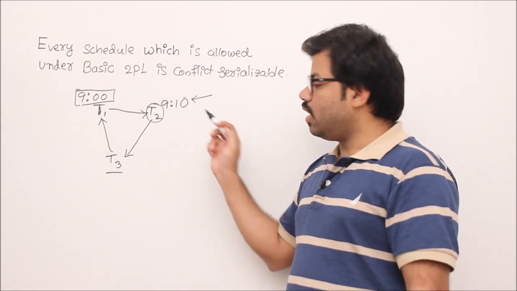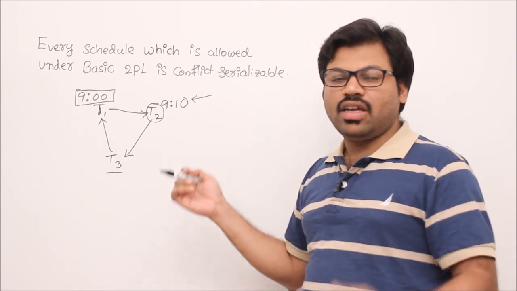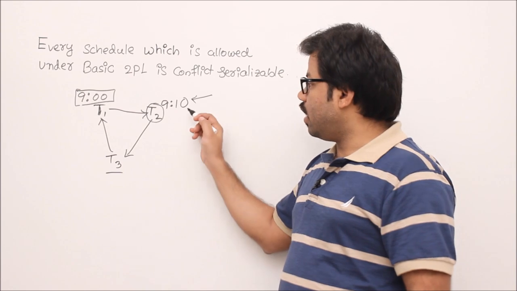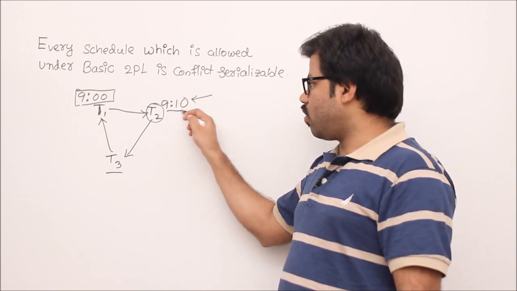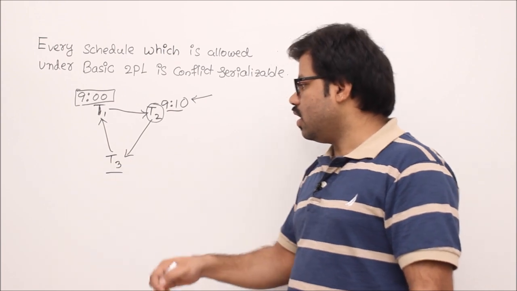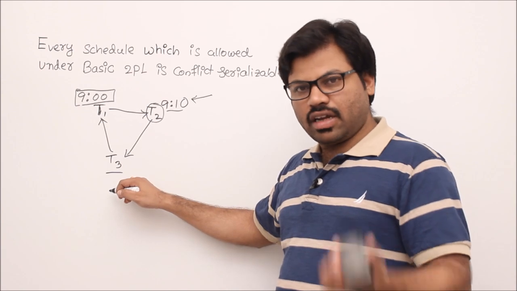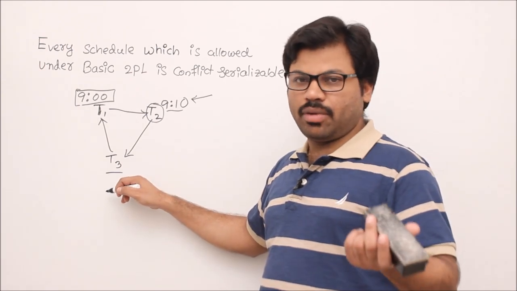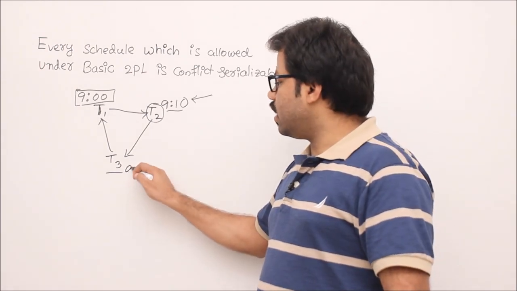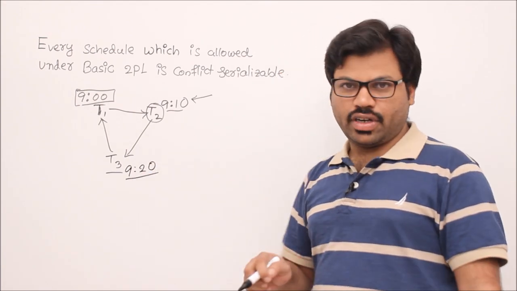If T2 releases its first lock at 9:10 and that is the variable T3 wants, then maybe T3 can hold the lock immediately at 9:10, but after some time it has to release. Then we can safely assume that the releasing point is 9:20.